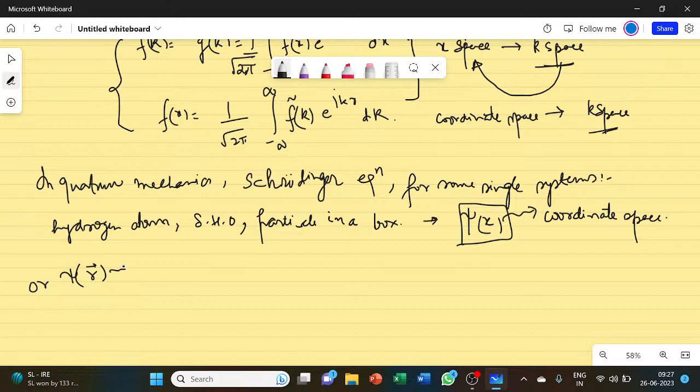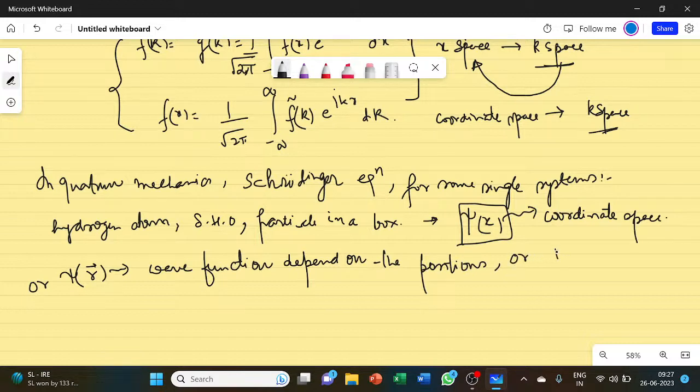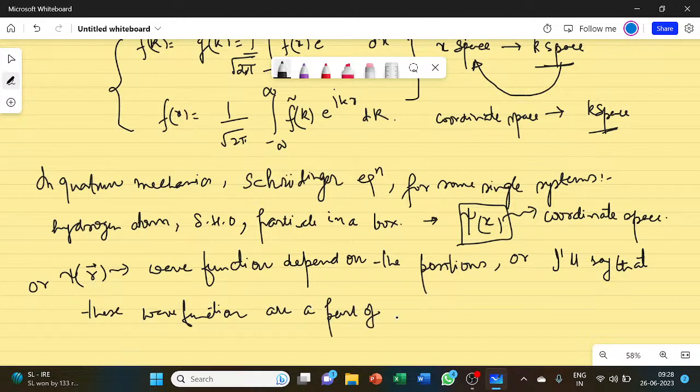So in general, these wave functions depend upon the position, and are a part of configuration space.